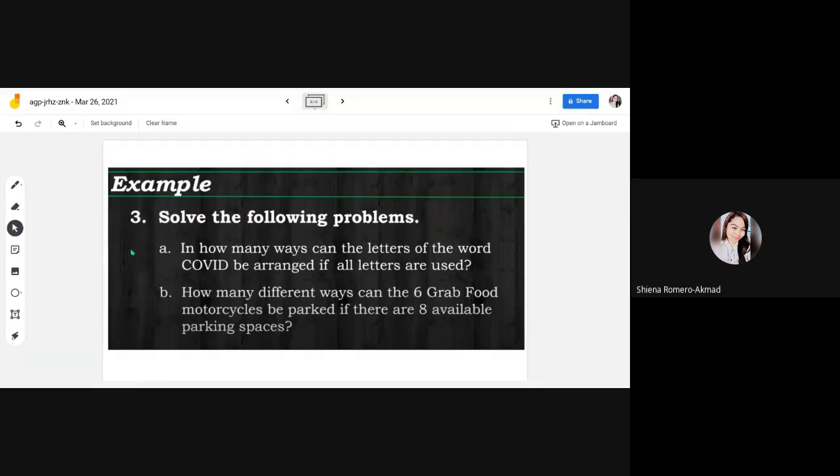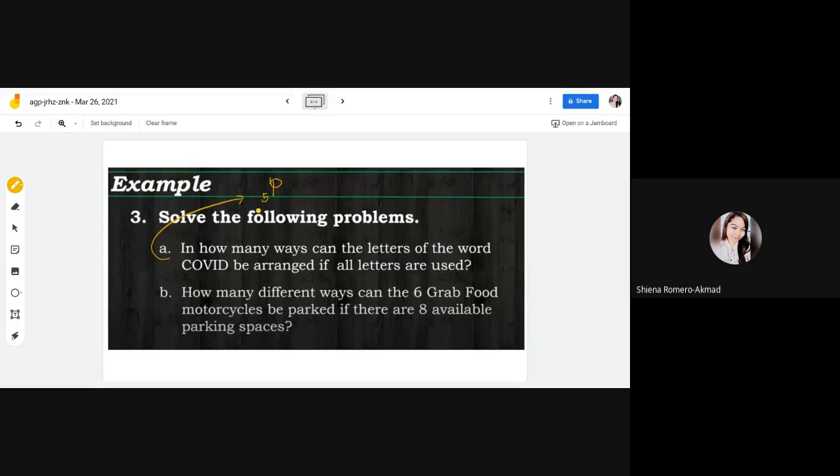So sa number 3, in how many ways can the letters of the word COVID be arranged if all the letters are used? So gamitin natin yung formula. Ibig sabihin, permutation of ilan ba yung letters ng COVID? 1, 2, 3, 4, 5.